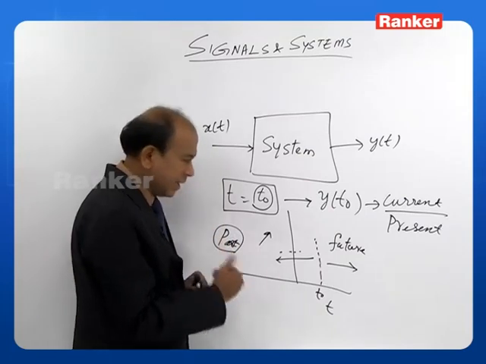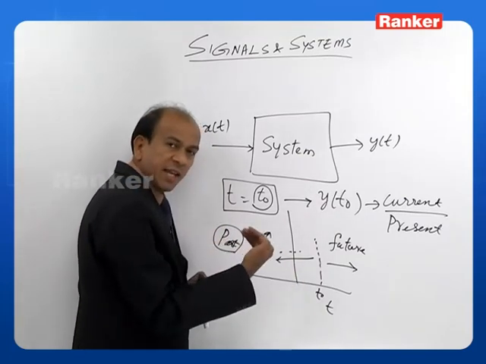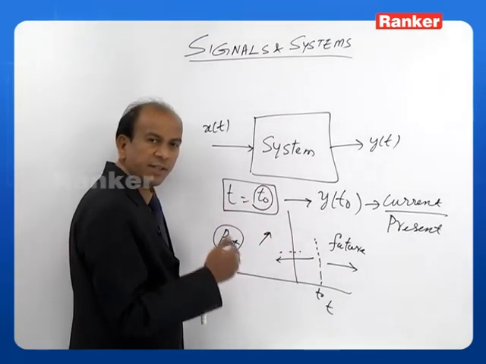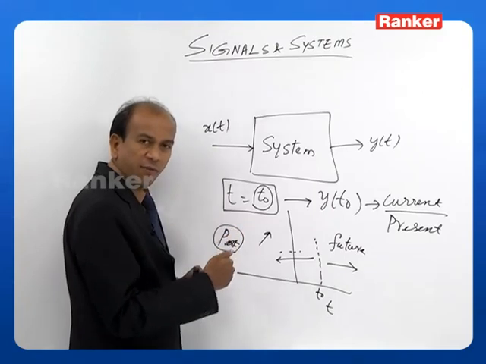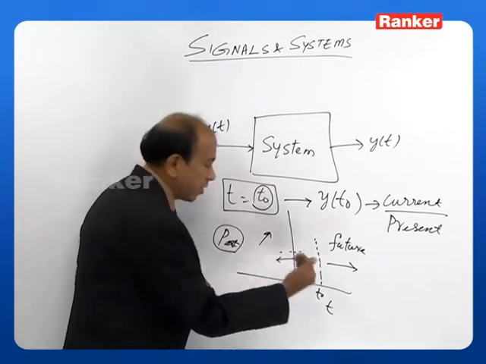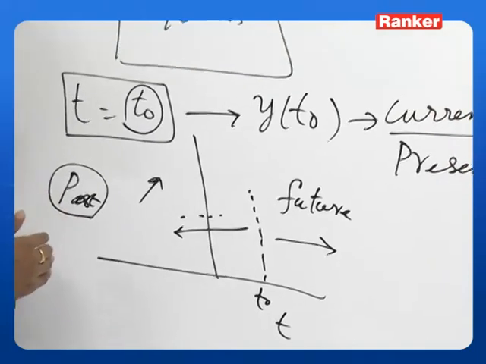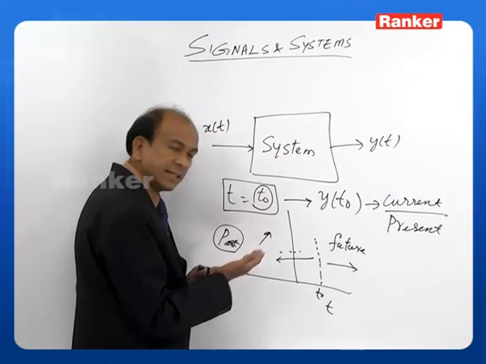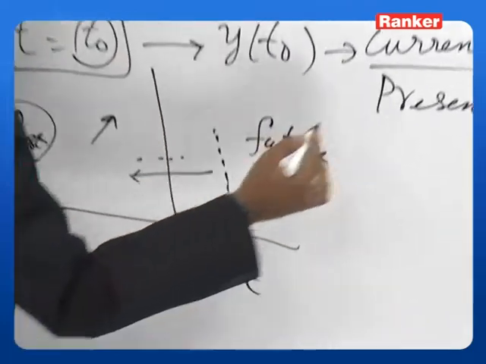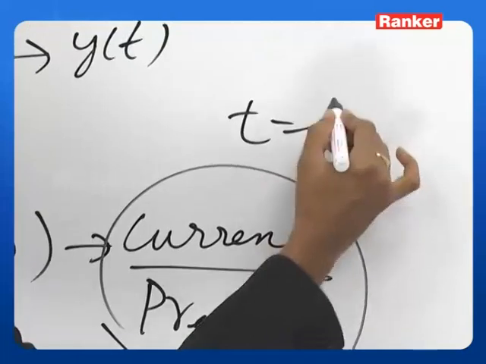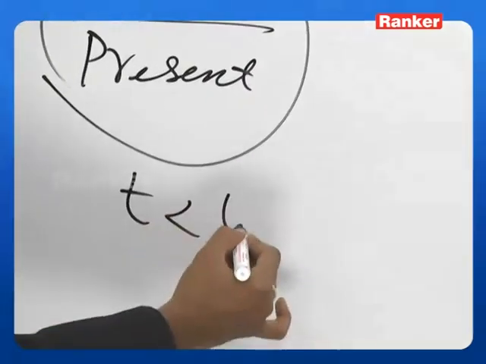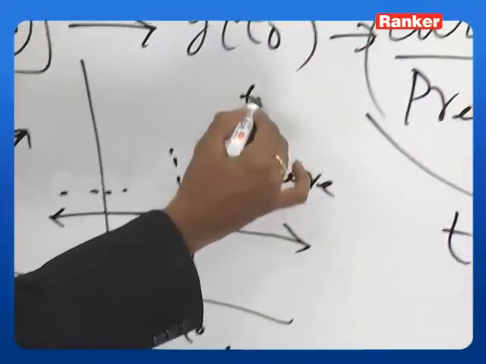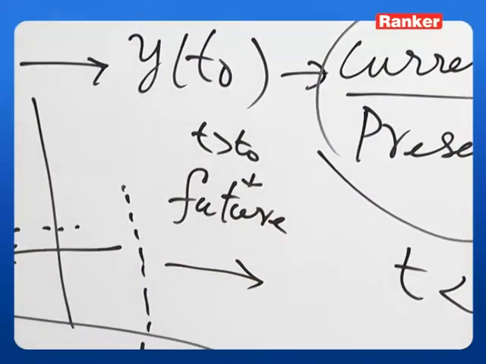If there is any input given after t0, there will be an output, y of t0 plus. That means we are moving away from the present. That is called the future output for a system whose input is also future, that is, t is greater than t0. So the present is t is equal to t0, for t less than t0 this is the past, and for t greater than t0 this is my future.